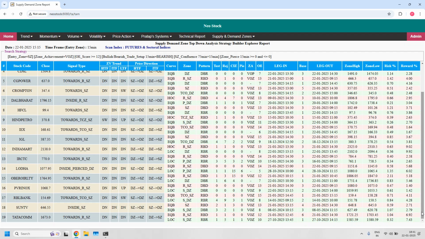In these 19 stocks, the 15 minutes supply zone is part of the 75 minute supply zone, and the 75 minutes trend is down in all these stocks. That is the ITF trend. If any of these 75 minute supply zones have daily EMA confluence, those stocks are even more high probability supported stocks. Let's verify.